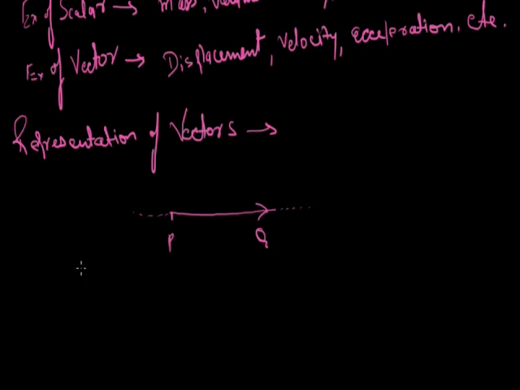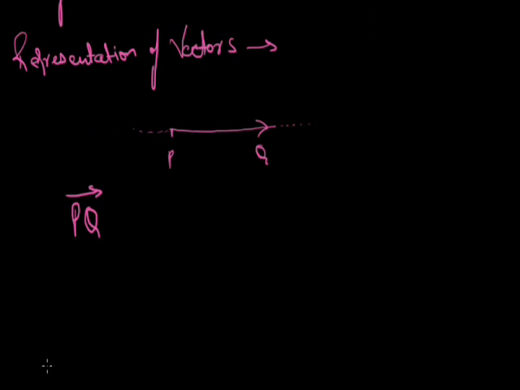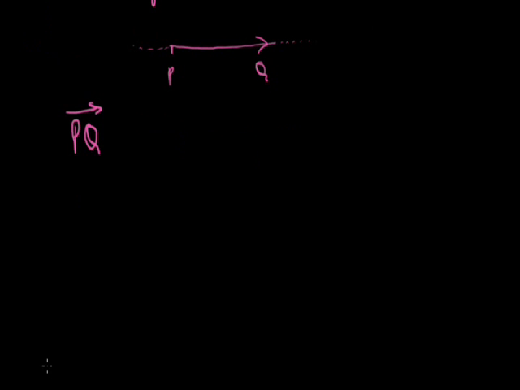It is denoted as vector PQ. This has some characteristics. The first is length: the length of vector PQ is denoted by the magnitude of PQ.